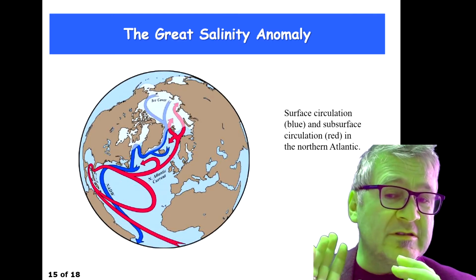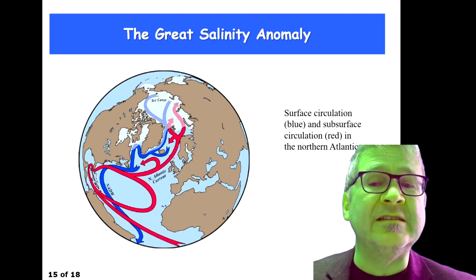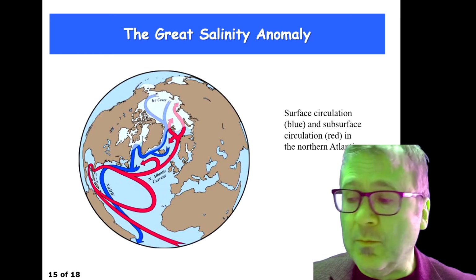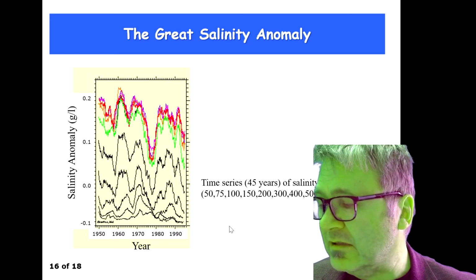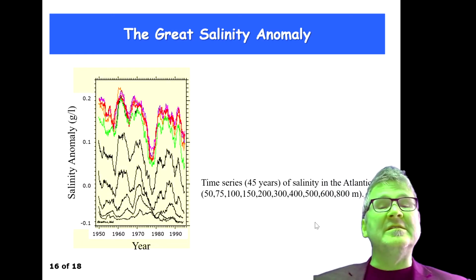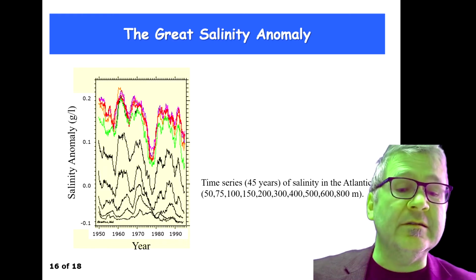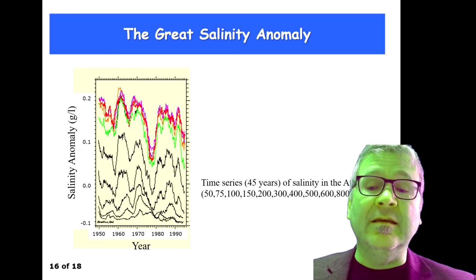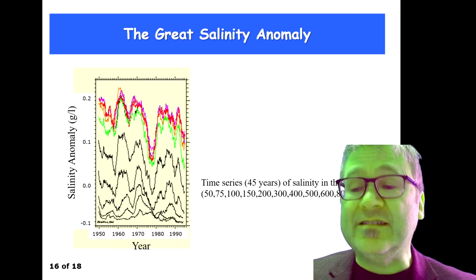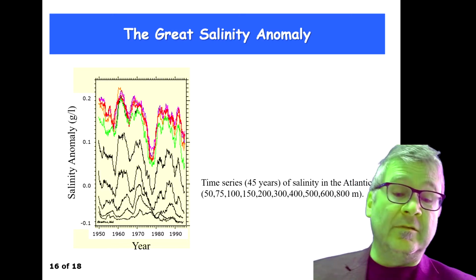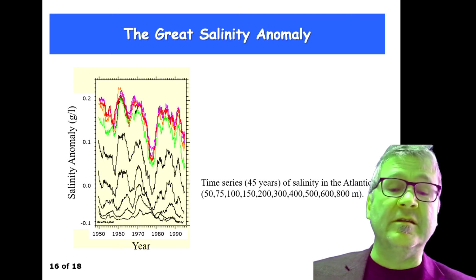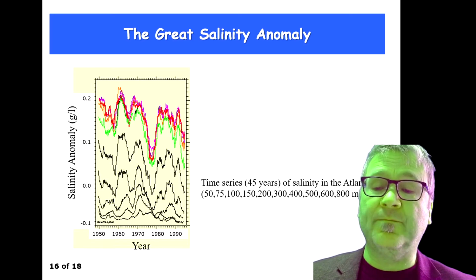And this is linked to something we call nowadays the Great Salinity Anomaly. So let's have a look on the next slide. What it shows is the time series of salinity in the Atlantic layer, in the northeastern Atlantic, at different depths. Okay, all the depths are shown here from 50 meters to 800.